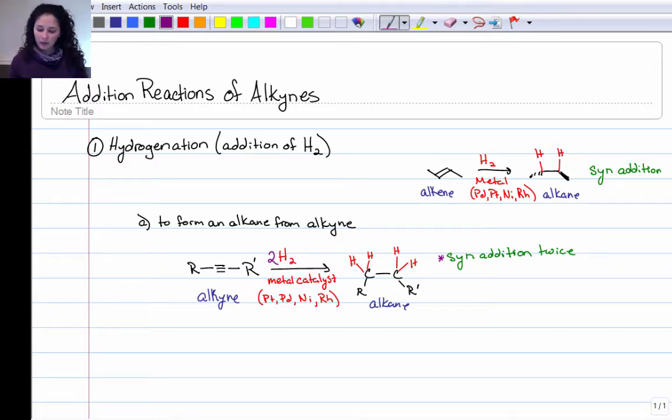In this particular set of reagents, when you're just using a regular metal catalyst, the intermediate here is actually a cis alkene. So if we could stop the reaction halfway, you might get something that looks like this.